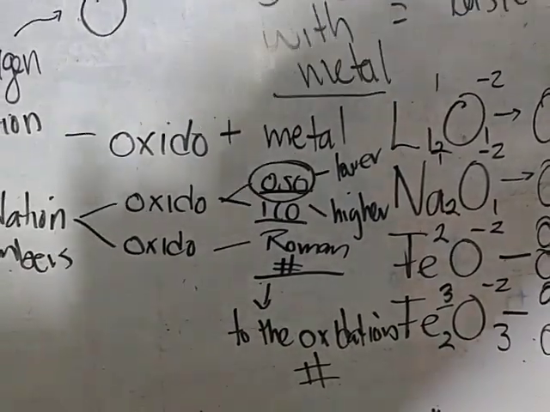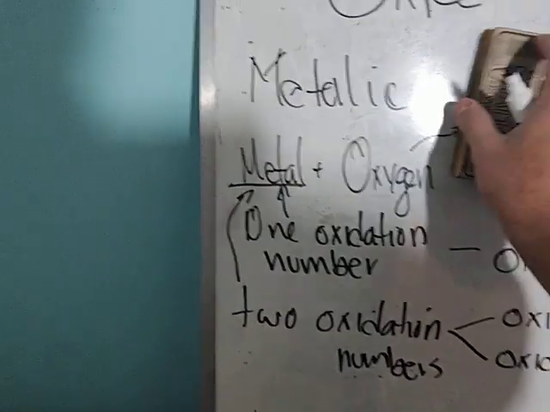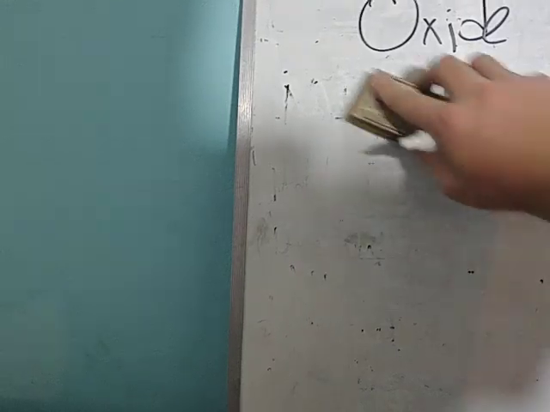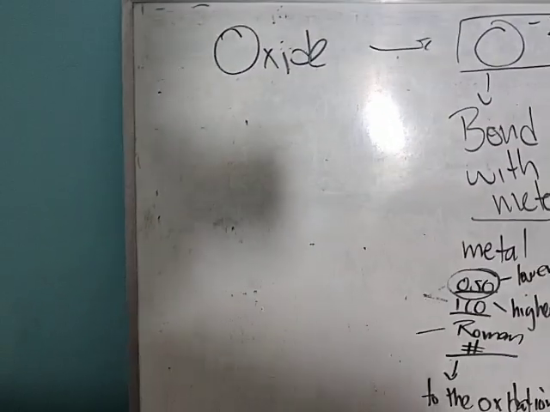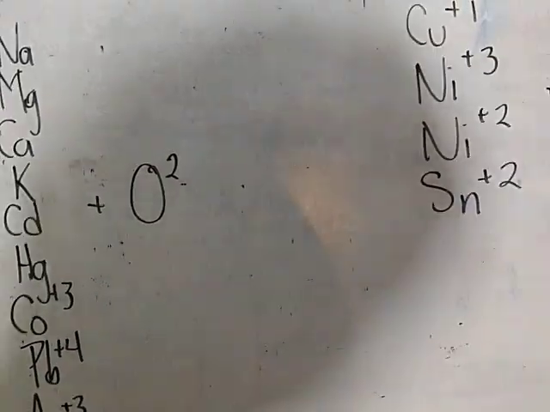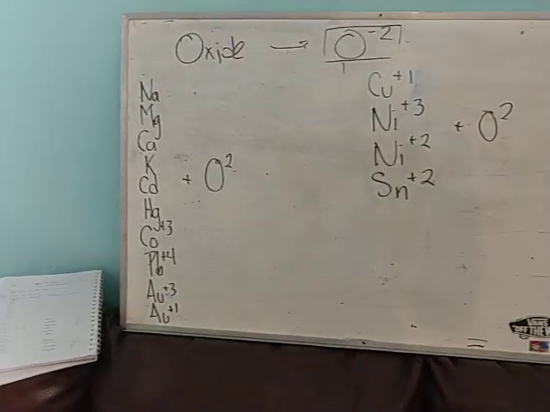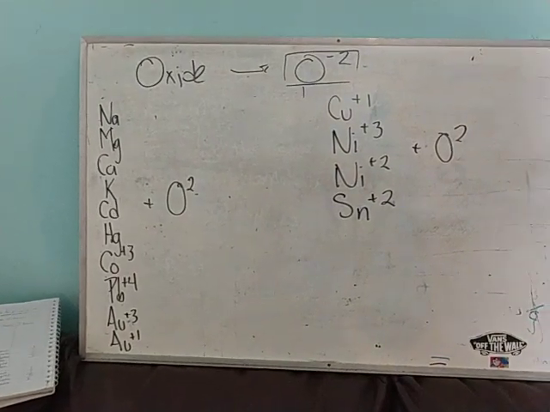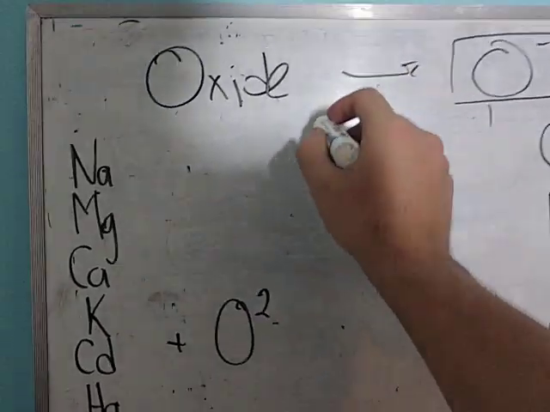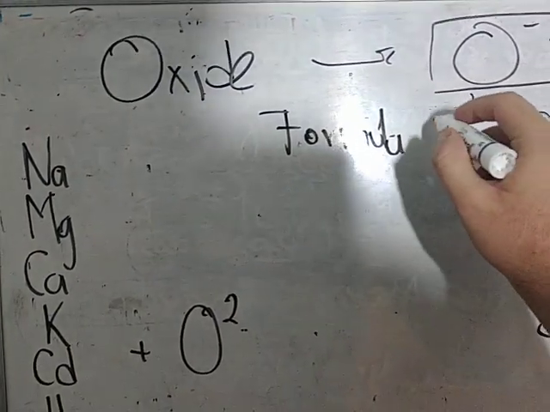Well, to check this part, what are we going to do? We're going to have one exercise. What's the idea of this? In this exercise, by yourself, you're going to first write the formula, and then the name.